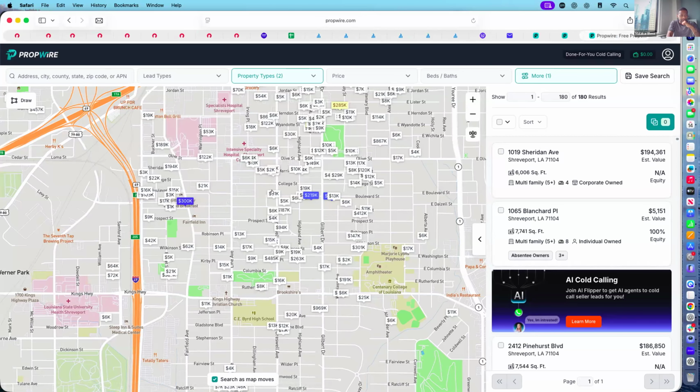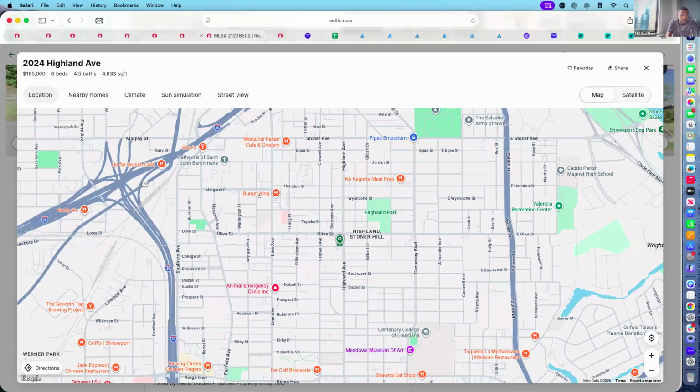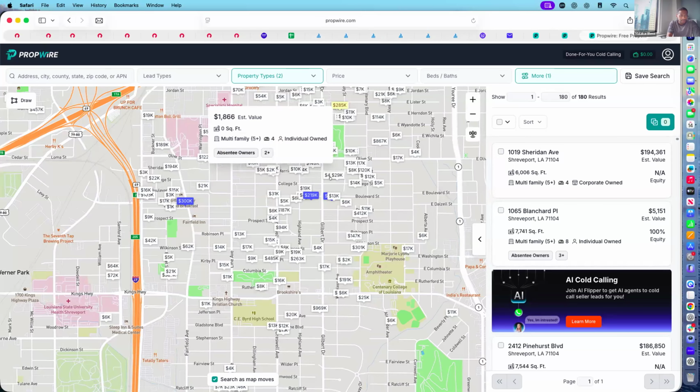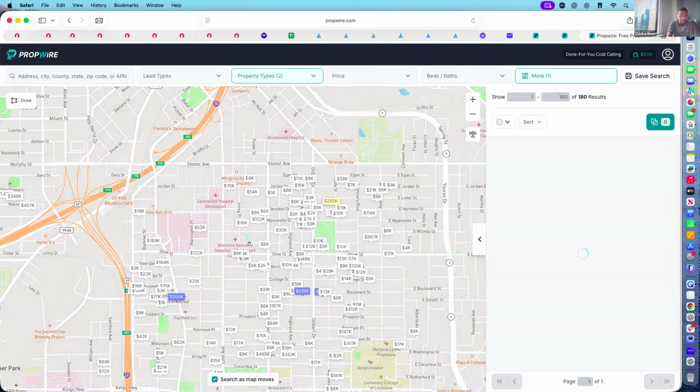Let's keep looking. 10,000 square feet. Where are we though? In between these, 4,600. Stone Hill. Highland, Stone Hill, so Highland and Olive Street. A little bit north of this.